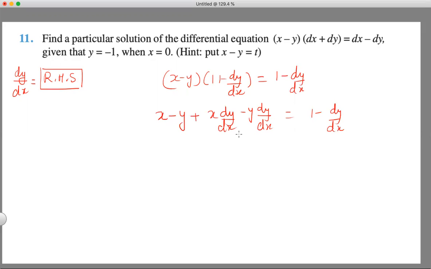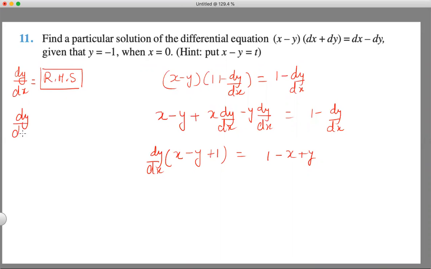Okay, so let's take all the dy by dx terms on one side and all the other terms on the other. So we will get 1 minus x plus y, and here we will get dy by dx. In the bracket we will get x minus y plus 1. Okay, so we have got it in this shape now.